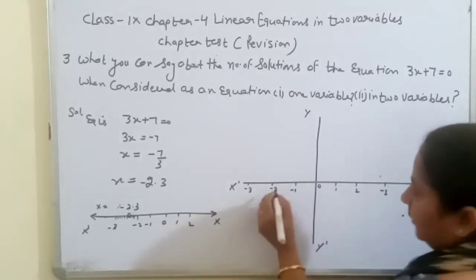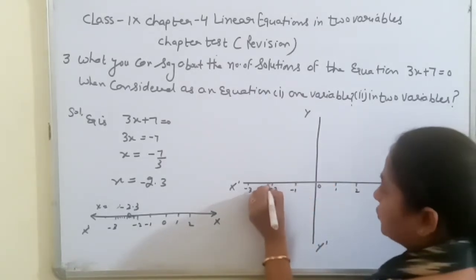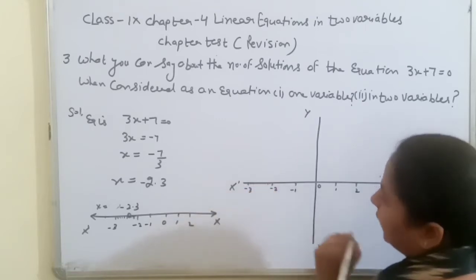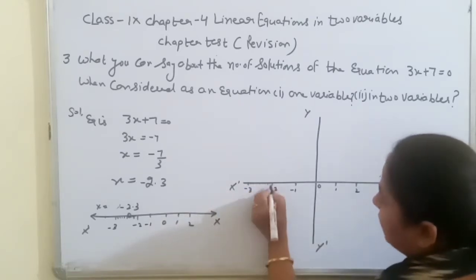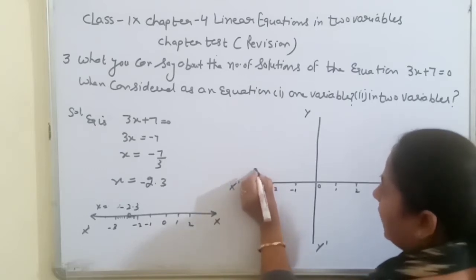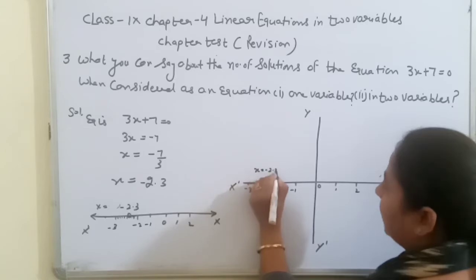For minus 2.3, we count 3 small boxes after minus 2. Now this is x equal to minus 2.3.